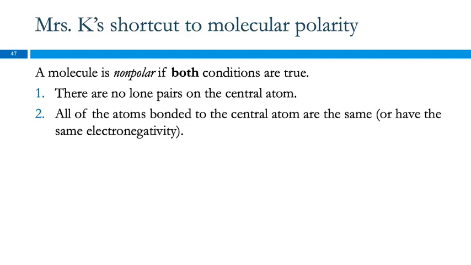If there are no lone pairs, those bonds are spread out evenly in space, and they will add to 0. So 2 conditions: no lone pairs on the central atom, lone pairs on anything else don't matter at all. And all those bonds need to have the same magnitude, same electronegativity difference.